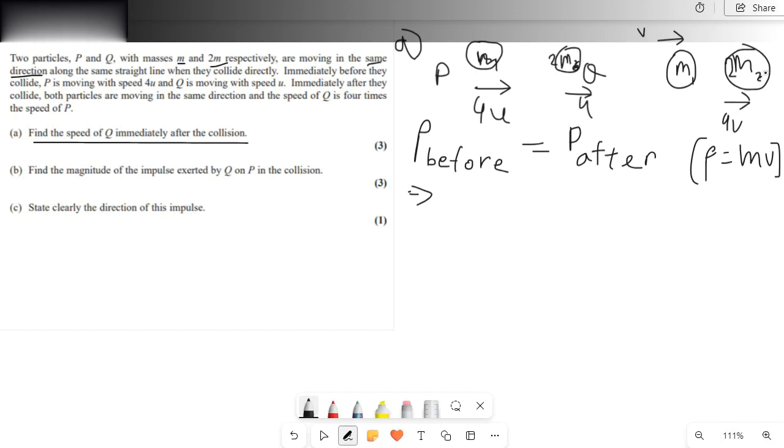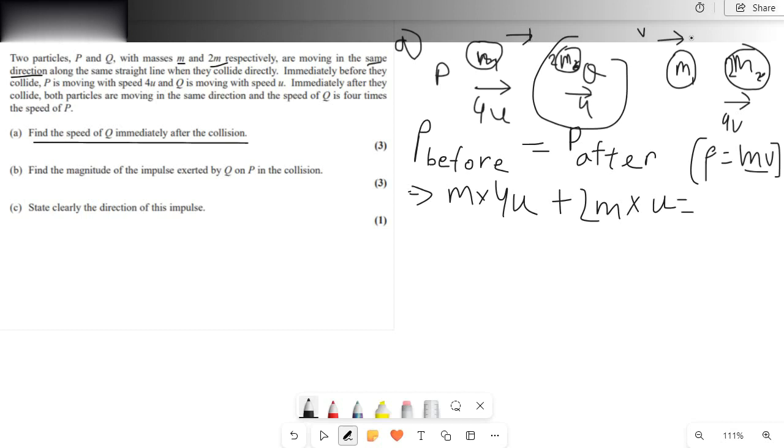Similarly here we can also write 2m. And so we have m multiplied with 4u plus 2m multiplied with u because they both were moving in the same direction, which is towards the right. So both will be positive, and we have m multiplied with velocity v, as we don't know the velocity v of P, plus 2m multiplied with 4v as discussed previously.